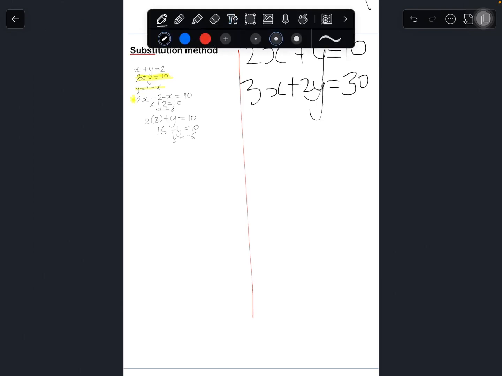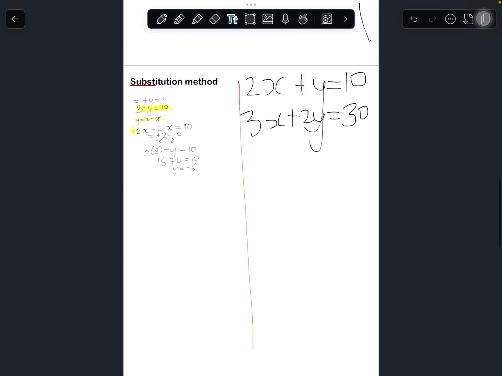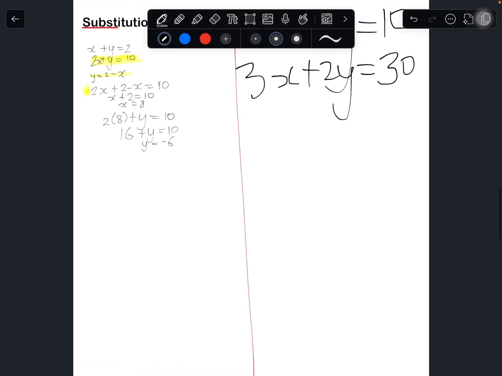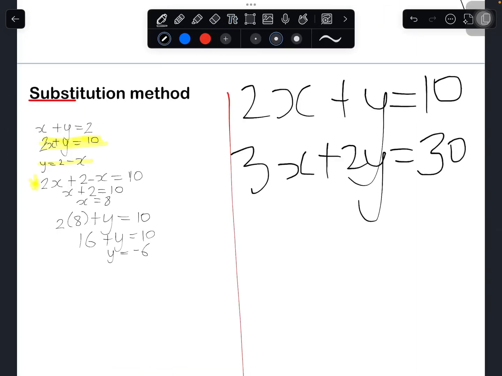If we look at our first equation, 2x plus y equals 10, there we have a variable with a coefficient of 1. So we can rewrite this equation with y as the subject: y equals 10 minus 2x.